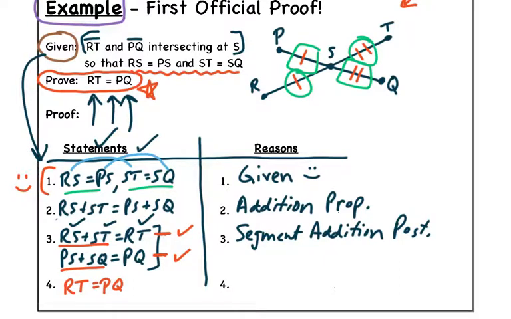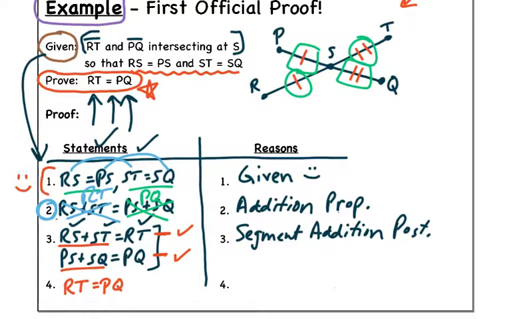If we look at step 2 here, we know that RS plus ST equals PS plus SQ. That was great, addition property. But remember, RS plus ST, by step 3, is the same thing as RT, and PS plus SQ is the same thing as PQ. So it's almost like I plugged RT in for RS plus ST, and I plugged PQ in for PS plus SQ.